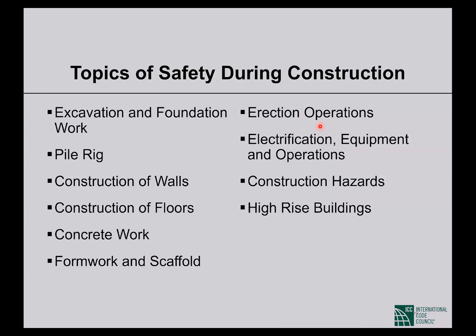This is a very common type of accident that happens at construction sites in Bangladesh. Many construction workers die every year because of electrocution. So the safety precautions that should be taken for electrical wiring are mentioned in detail in the code and should be followed. And other construction hazards and specific requirements for high-rise buildings.